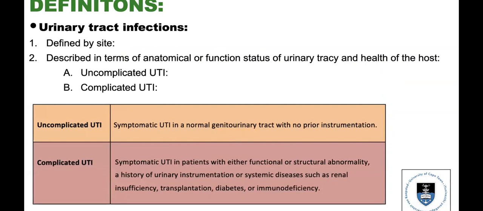And that's when uncomplicated and complicated comes into play. Uncomplicated UTIs are infections in healthy individuals with a normal functional and structural urinary tract, and usually a short course of antibiotics is enough to treat these infections.